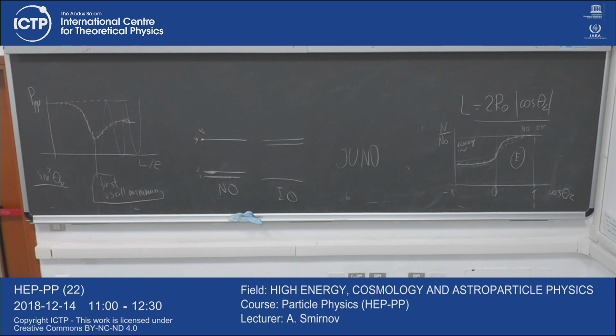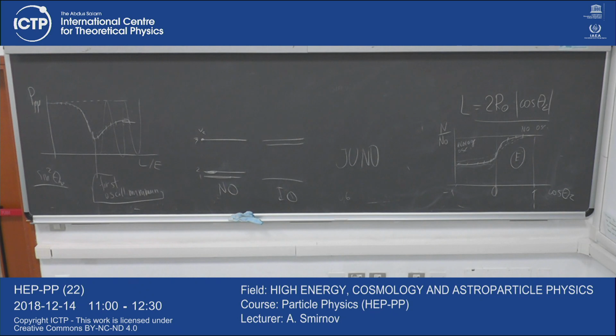They measure this very small oscillation, which has very small depth. This is due to 1,3 mixing, which is small. They can also establish mass hierarchy. And then there are a number of experiments even further from us, like the Dune experiment or Hyper-Kamiokande, which aim also at establishing the mass hierarchy.